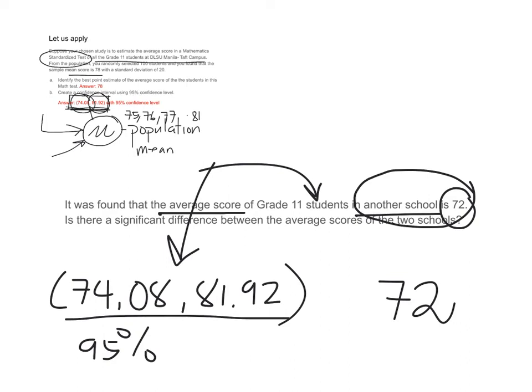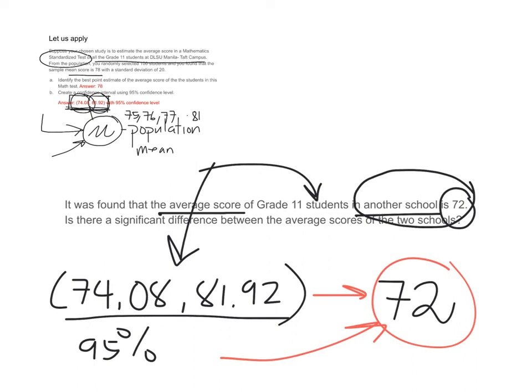So comparing that to the 72 average of the other school, I can be 95% confident that the De La Salle Manila Taft campus students perform better than the students of the other school in terms of the average score. See?